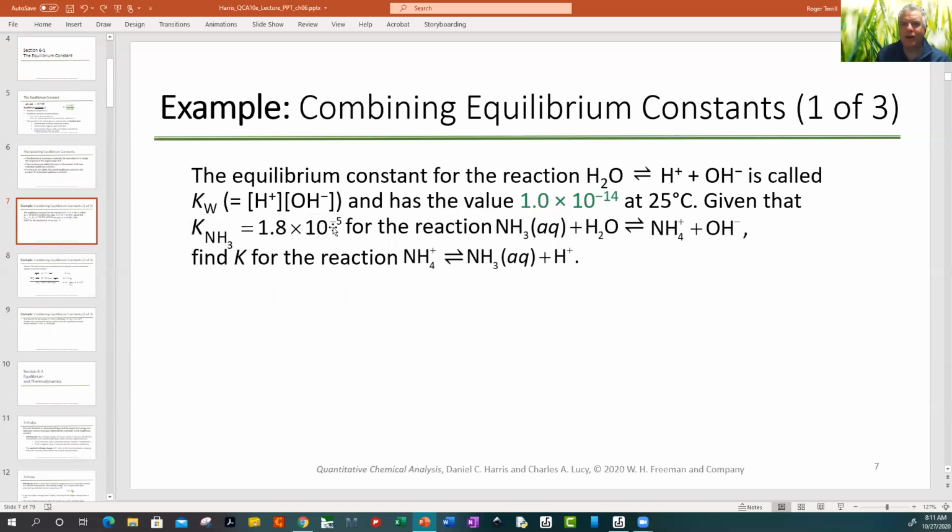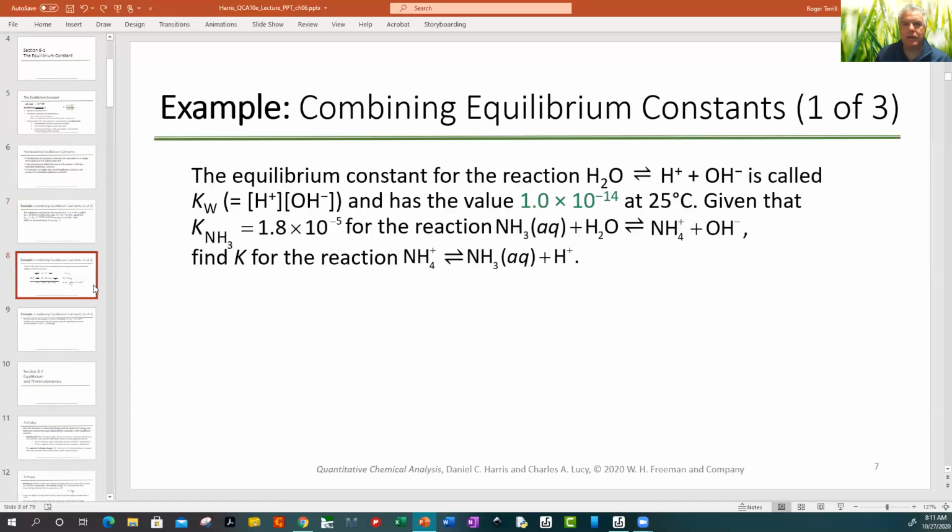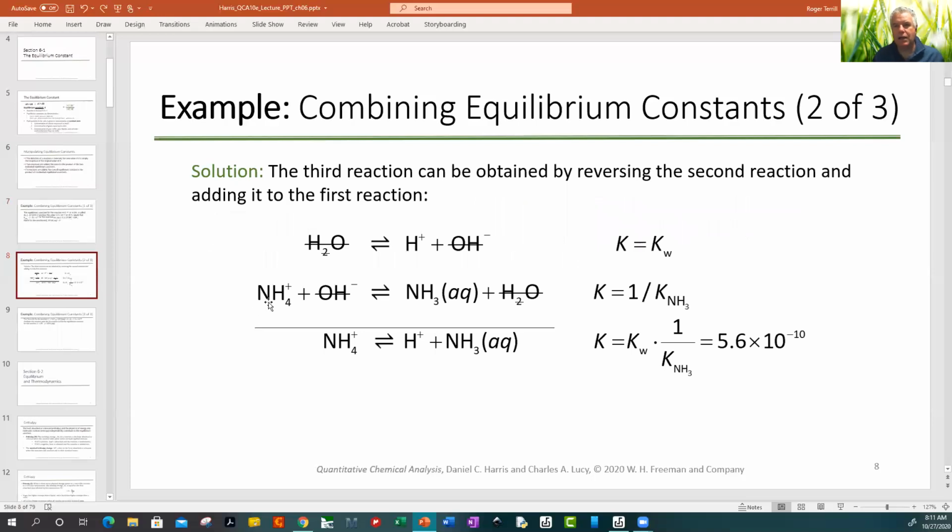It has a relatively large, 10 to the minus 5, like 5 orders of magnitude greater equilibrium constant. So that basically bespeaks the fact that ammonia is a reasonable base, but ammonium is a terrible acid, right? That's a concept we're going to come back to a bunch of times. Ammonia is a good base. Ammonium is a terrible acid.